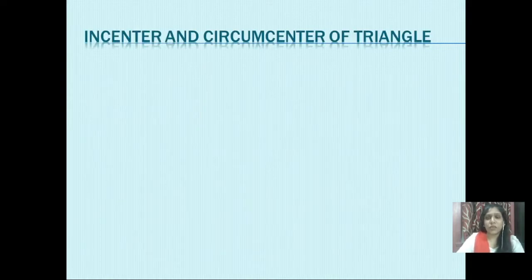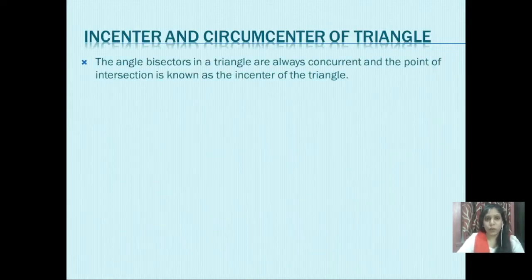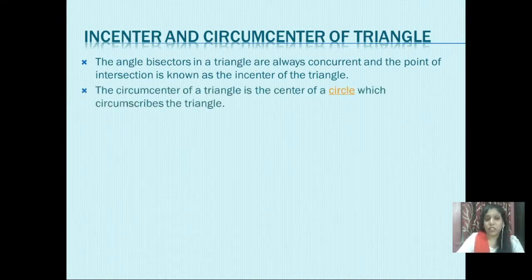Incenter and circumcenter of a triangle. I hope you remember this. The angle bisectors in a triangle are always congruent and the point of intersection is known as the incenter of the triangle. The circumcenter of a triangle is the center of a circle which circumscribes the triangle.